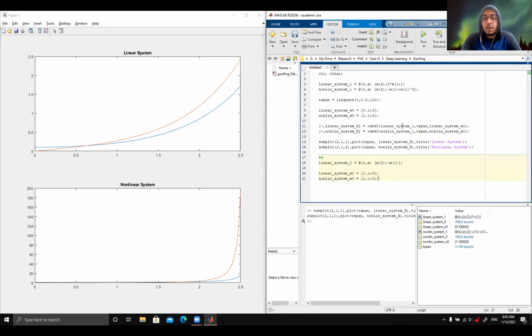We would like to simulate this, same initial condition, and we do the plots.